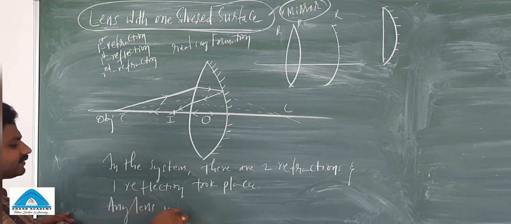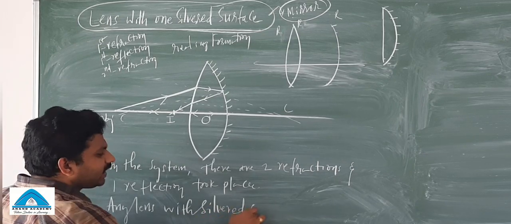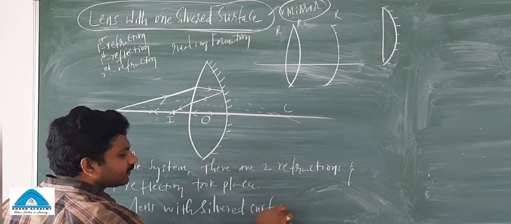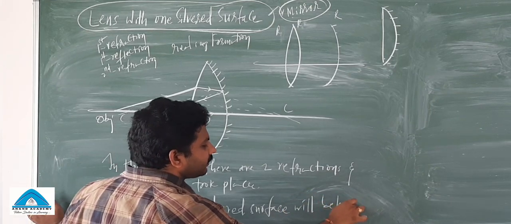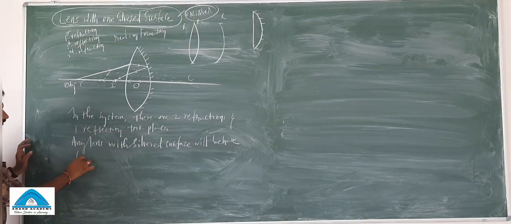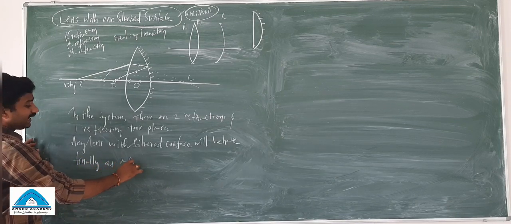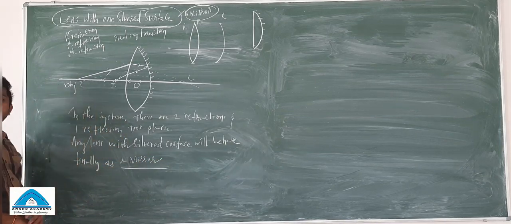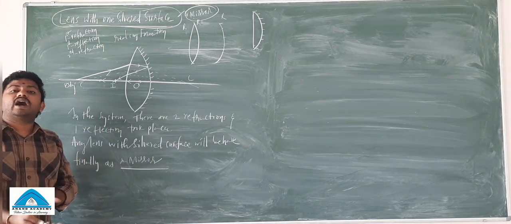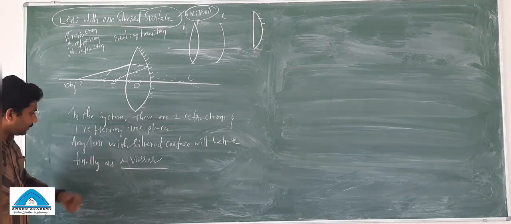Any lens with silvered surface will behave finally as a mirror, right? So that may be concave or convex, depends on the image formation, right?